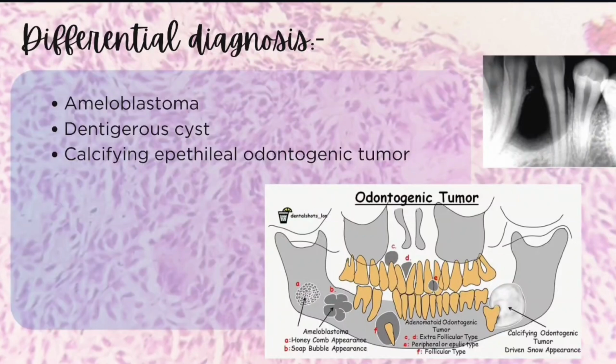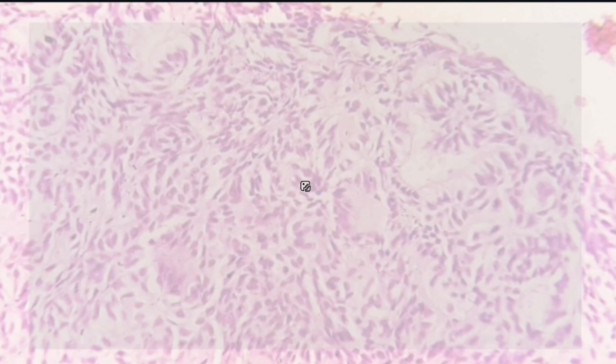So differential diagnosis for adenomatoid odontogenic tumor is ameloblastoma, as it is an odontogenic tumor. Dentigerous cyst, often seen as unilocular radiolucency, or calcifying epithelial odontogenic tumor if AOT is calcified or nodular structure is seen.